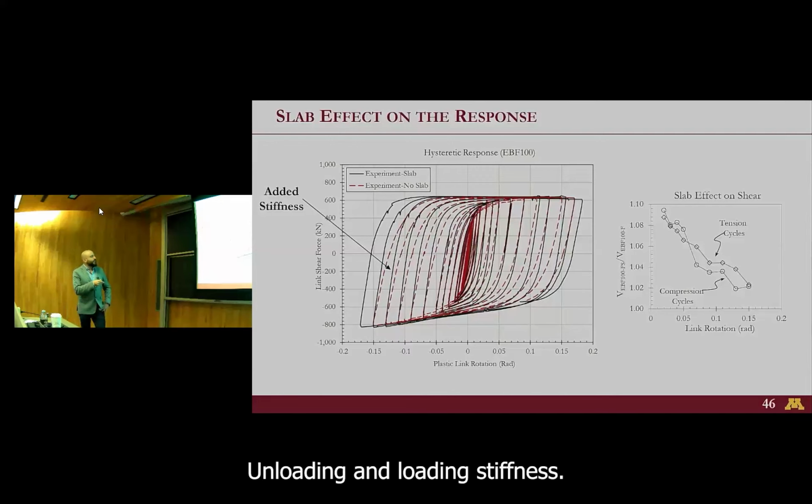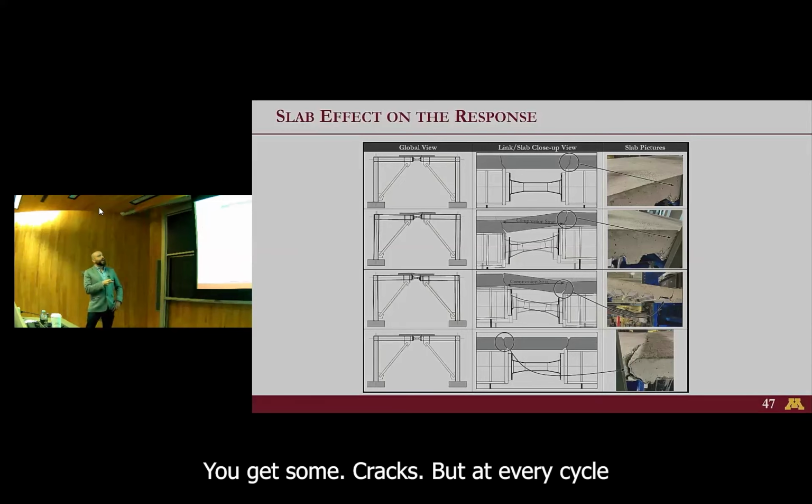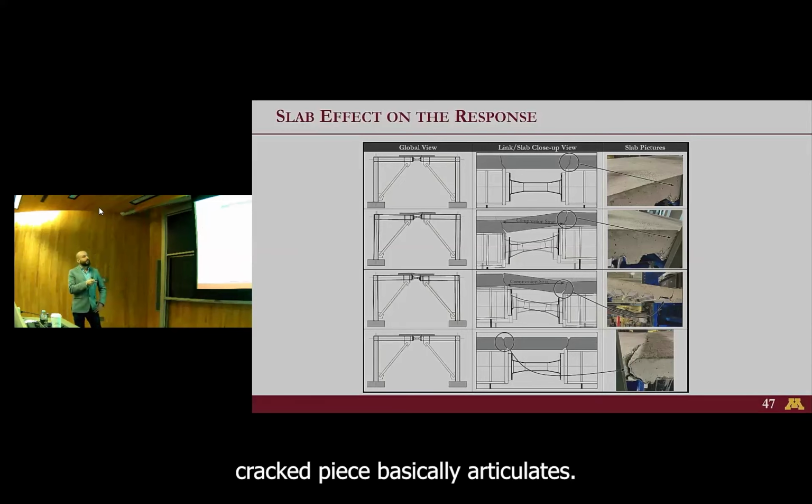But we saw that the unloading and loading stiffness with the slab is actually much stiffer, right? And there was a reason for that. When we examined the videos, we saw that, well, this is the initial position. You get some cracks, but at every cycle, your cracked piece basically articulates and develops these compression struts that would lock up.